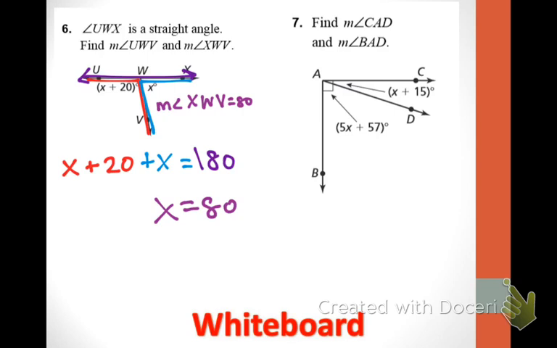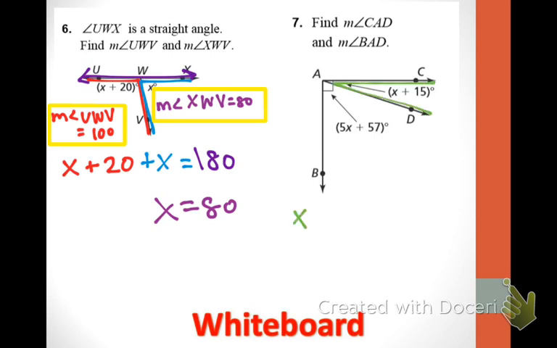You add them, then they equal 180. Good. Check your math.